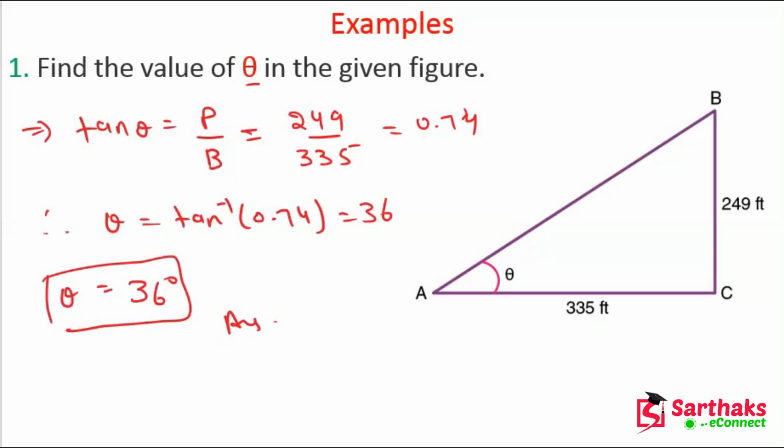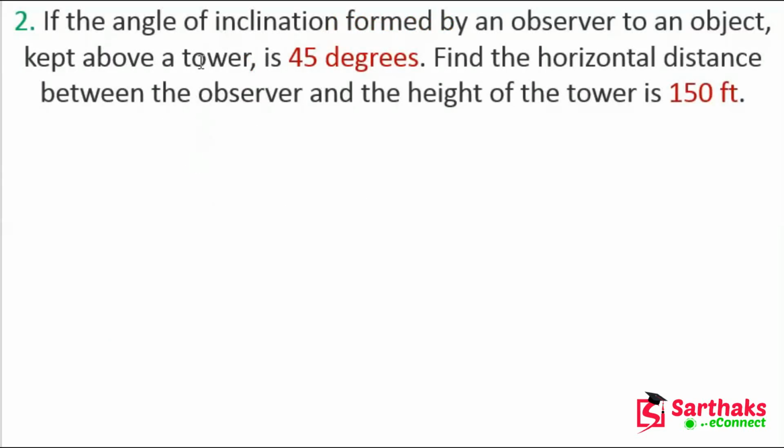So the next question is, if the angle of inclination formed by an observer to an object kept above a tower is 45 degrees, find the horizontal distance between the observer and the tower, where the height of the tower is 150 feet.